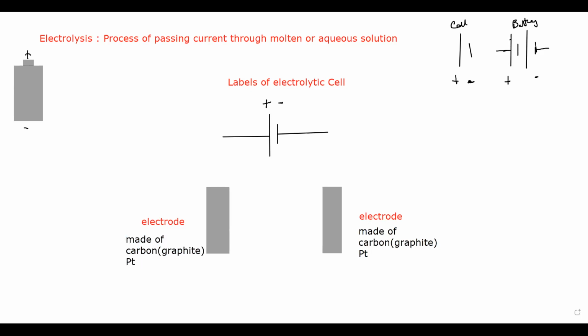Now when we connect these two plates with a battery or a cell, the electrode which is connected with the positive terminal of the battery is specifically known as the anode. So the anode is an electrode attached to the positive end of the battery. An electrode is simply a plate. There are two plates in an electrolytic cell.